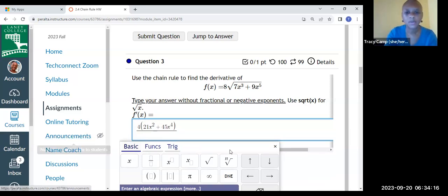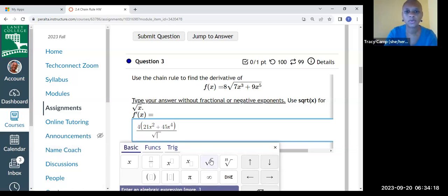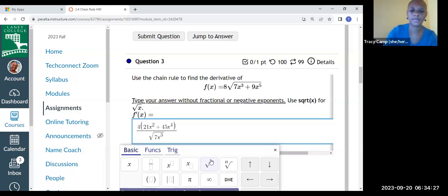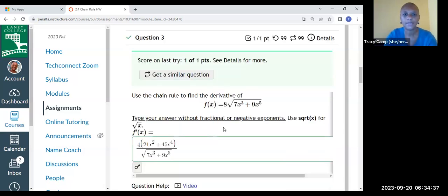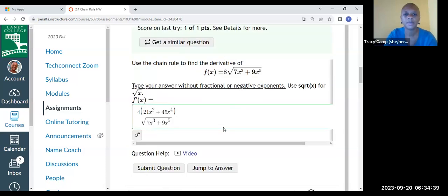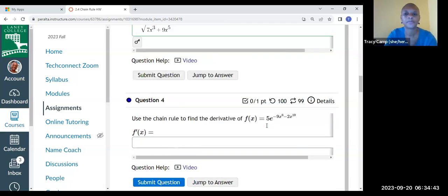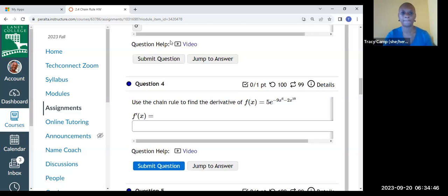And then this is over the square root of the 7x cubed plus 9x to the 5th. The same thing I wrote earlier, just making sure. Okay. And there we go. So no fraction exponents, no negative exponents, so we're good. Let's look at number 4.